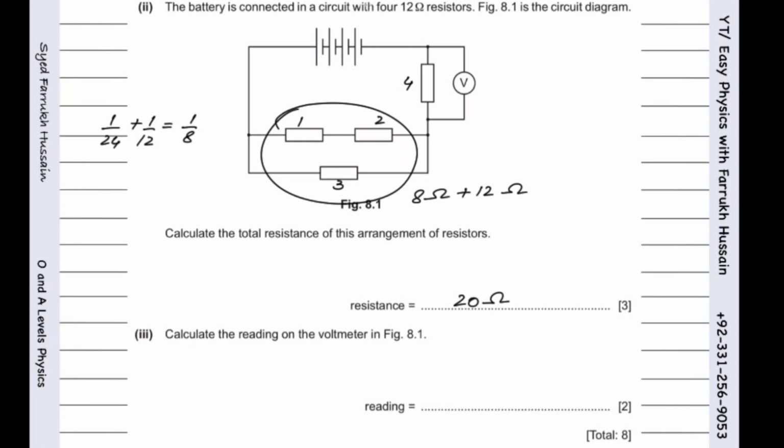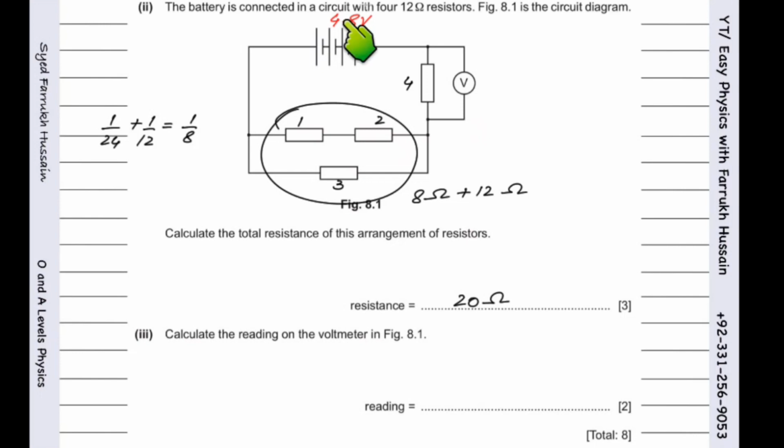Calculate the reading on the voltmeter in figure 8.1. These are the same cells, 1.2 volt cells in series. So how much is the voltage? Resistance. So V equals IR. Oh, is it just 4.8?